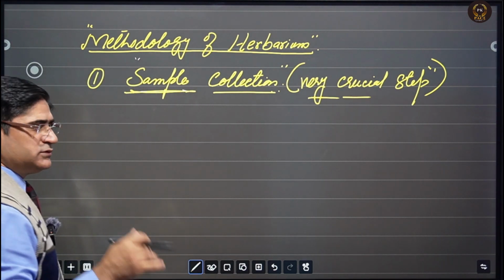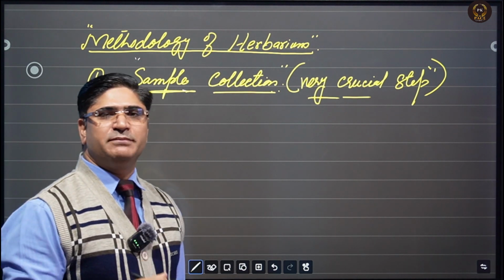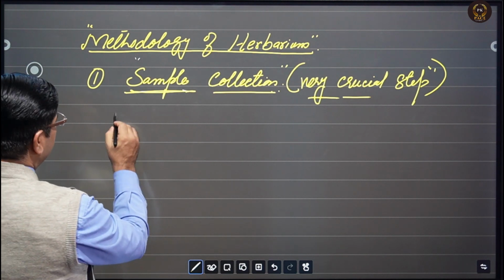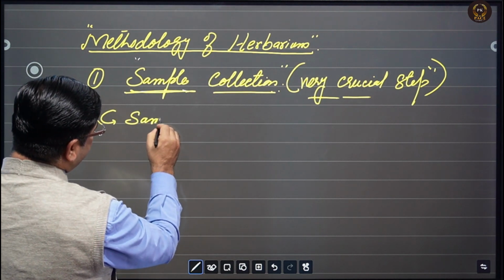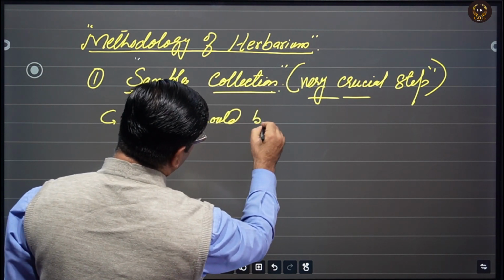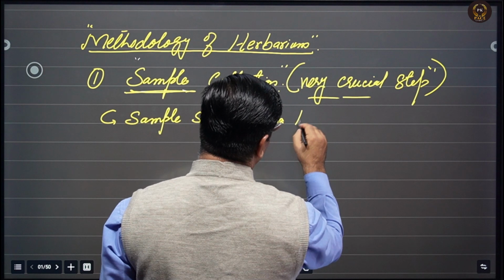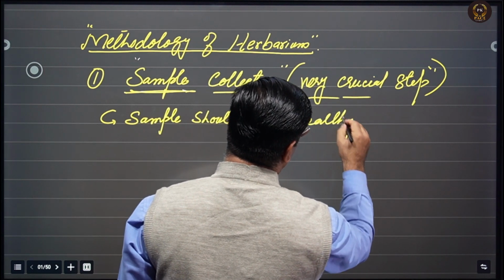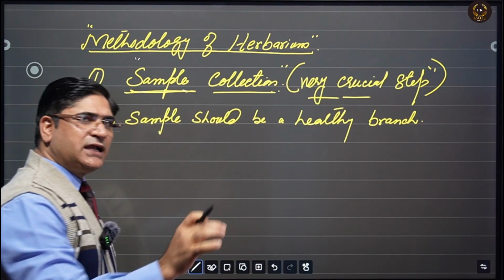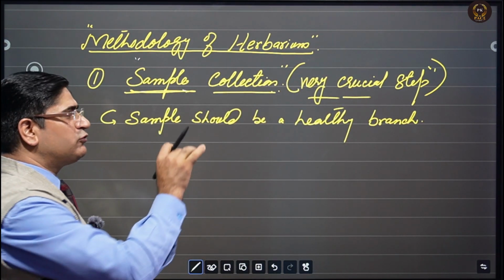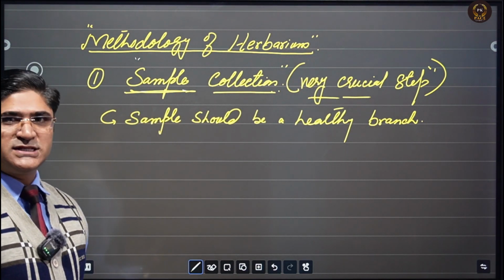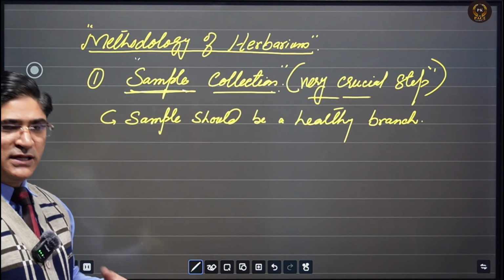For the collection of the sample, some guidelines and rules have to be followed, like the sample size. The sample should be a healthy branch of the plant whose specimen we have to prepare. We cannot take the whole plant, or just any part of the plant, as a specimen.